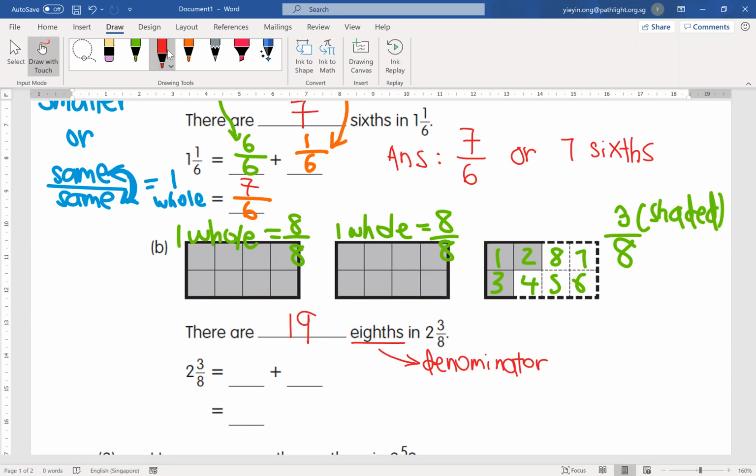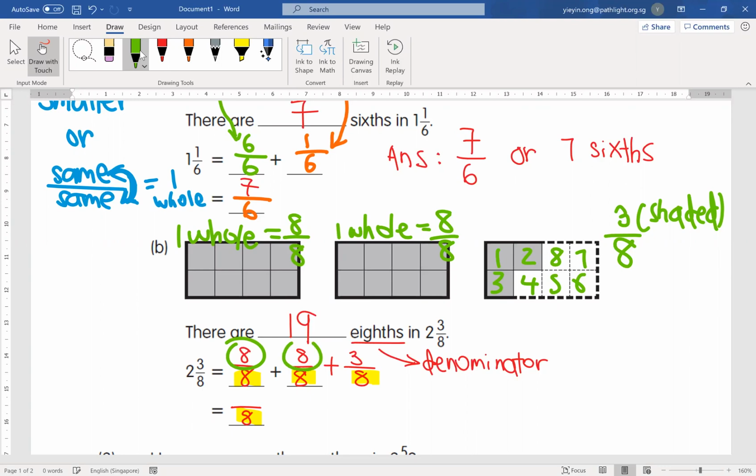So when I write, the equation is 8 out of 8 plus 8 out of 8 because 2 wholes, and then plus 3 out of 8. Okay, they forgot to include one more line, so please draw it yourself. Remember, your denominator stays the same, so denominator stays as 8. The denominator does not change. We only add the numerator.